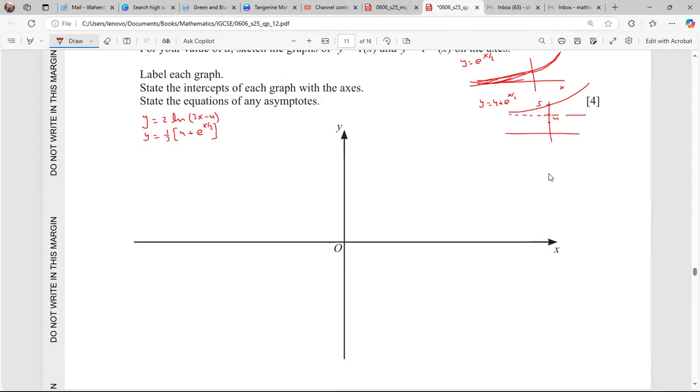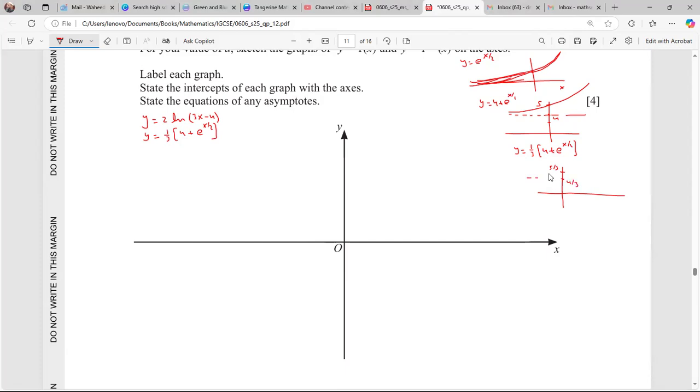Then finally you have y equals 1 by 3 into 4 plus e to the power x by 2. So I have to shrink everything by 3 times. I have the same shape, but this point is 5 by 3 and this point is 4 by 3.